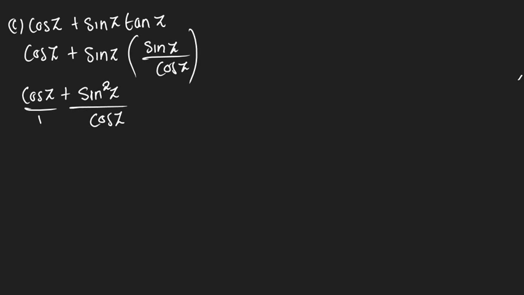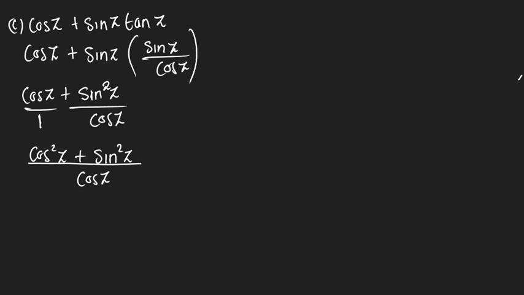You can put your 1 here. Then you can find the common denominator, which simply happens to be cosine z. 1 into cosine z, it's cosine z multiplied by cosine z, it's going to be cosine squared z, plus sine squared z.